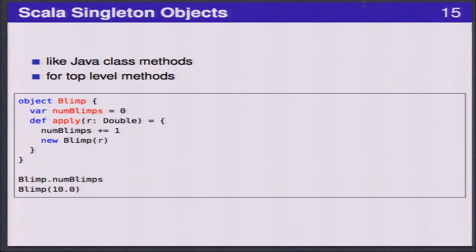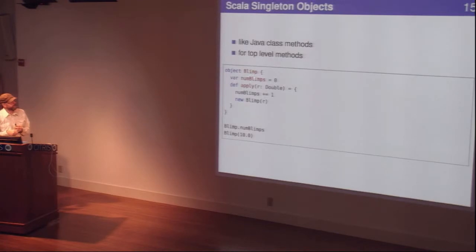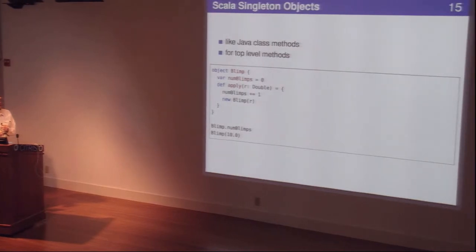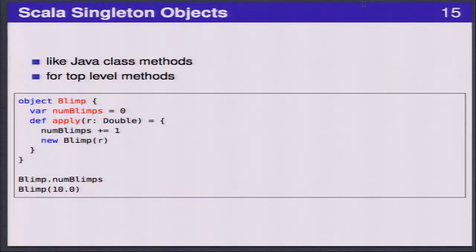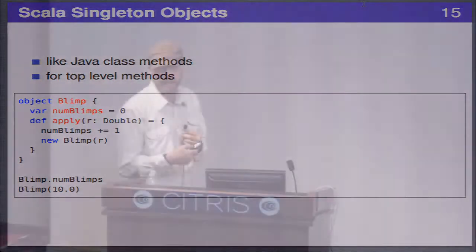Corresponding to the class blimp, you can have an object blimp, and you can have the number of blimps be a variable associated with blimps. But there's not one of those per instance of blimps, but rather one for all blimps. So it's like a static member, a static method. Some other people call it class methods, but yeah, it's like static method.